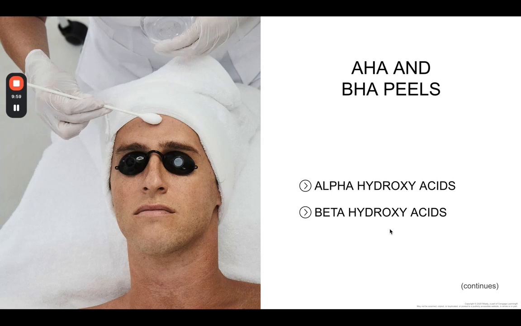So, in general, you are going to use more than likely alpha hydroxy acids for things like wrinkles, hyperpigmentation, sunspots, collagen production, okay? For your beta hydroxy acids, we're going to be using them for our oily or acne clients.